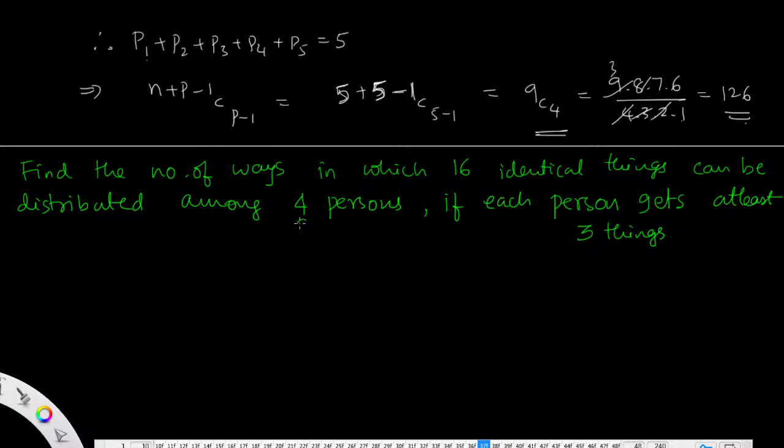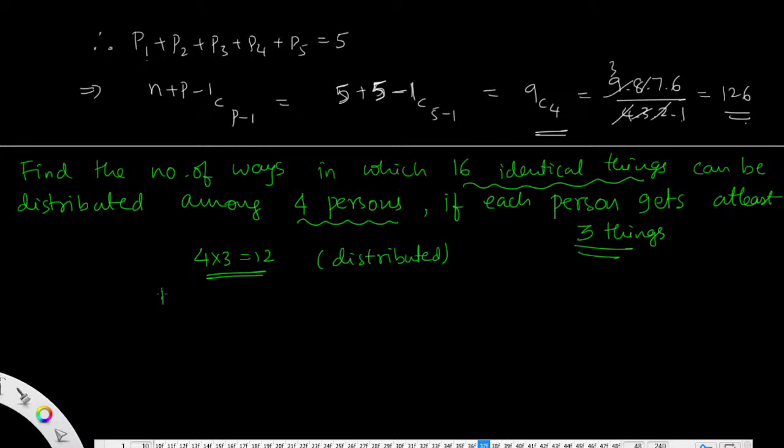Next, what is the question? 4 persons are given. So 16 identical things can be distributed, but each person gets at least 3 things, so how many are distributed? 4 into 3, 12 things are distributed.